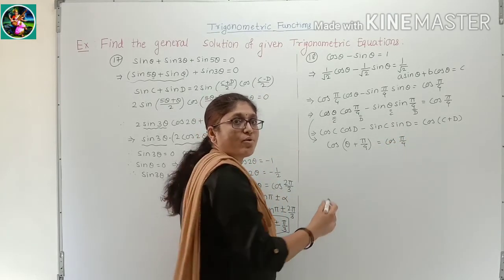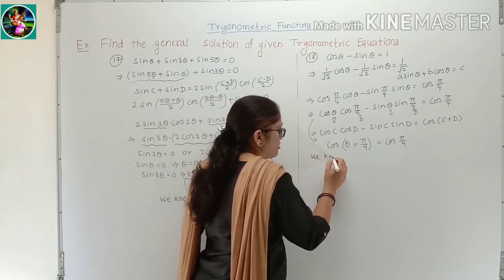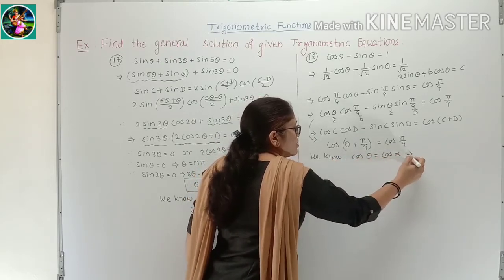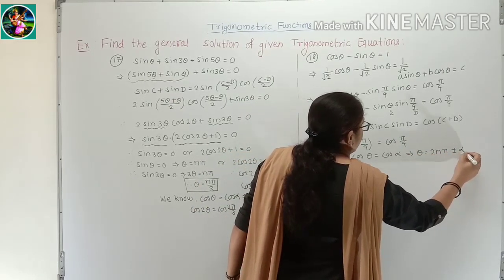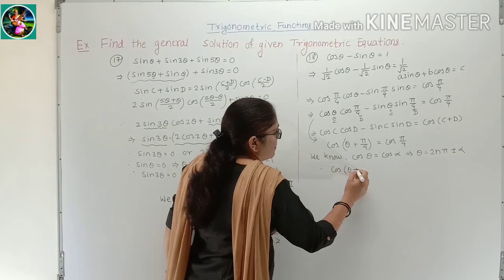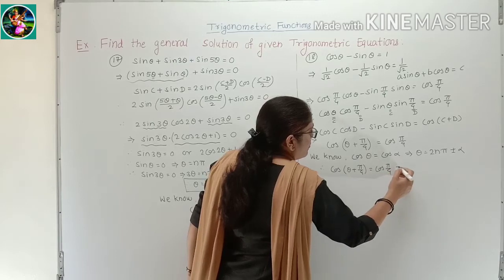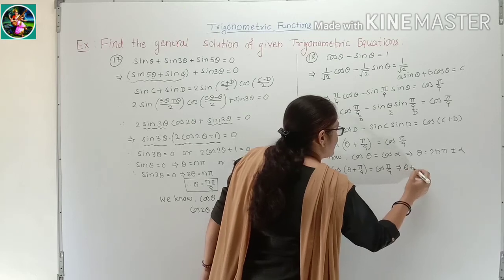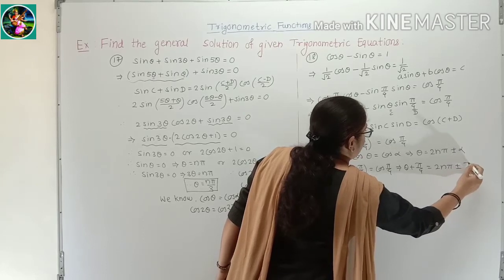We know the solution for cos theta is equal to cos alpha. That cos theta is equal to cos alpha gives the solution theta is equal to 2n pi plus or minus alpha. Therefore, cos of theta plus pi by 4 is equal to cos of pi by 4 will give the solution theta plus pi by 4 is equal to 2n pi plus or minus pi by 4.